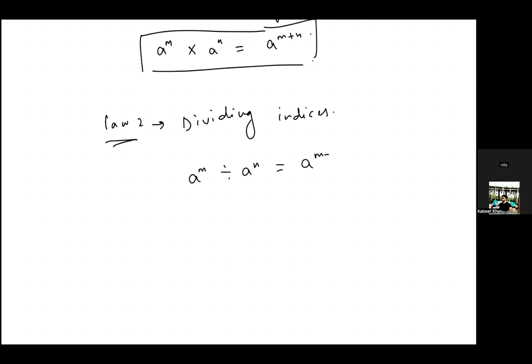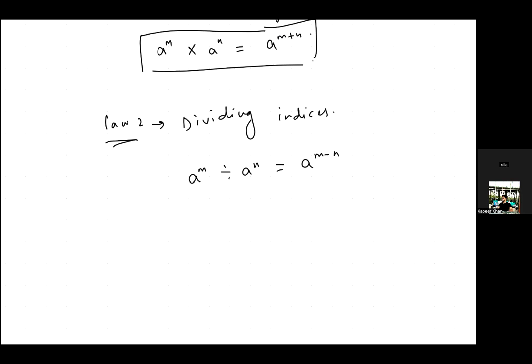Here you are dividing indices because the bases are the same, but the powers are different. So the base stays the same and the powers get subtracted when you are dividing. We will do quotients also.